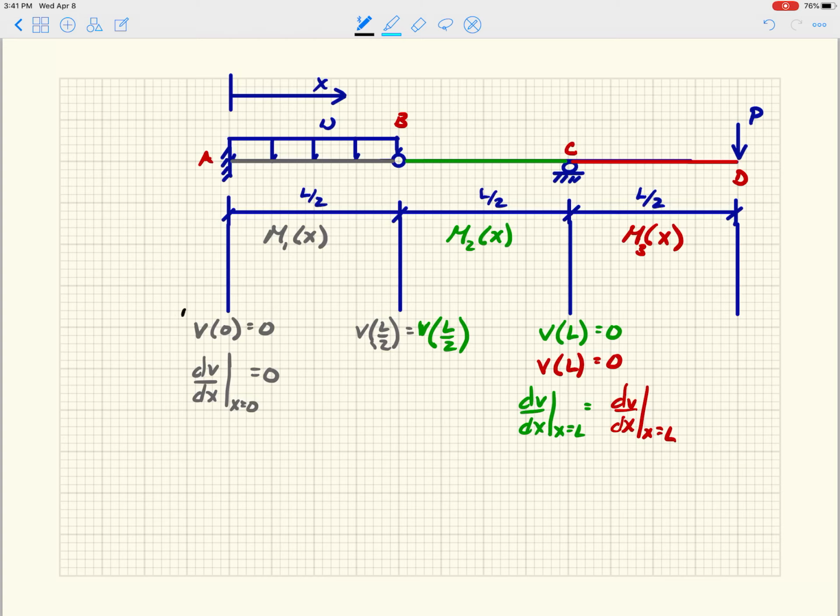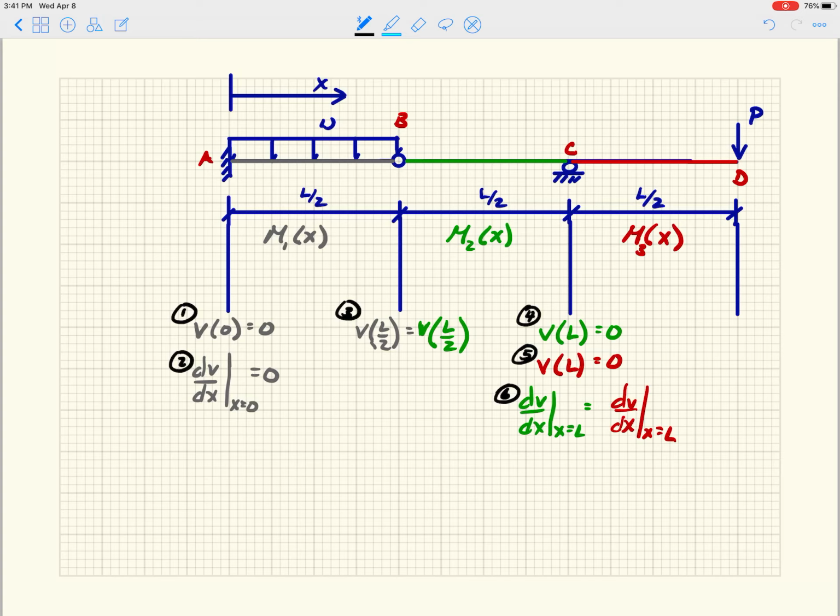And so now if I was going to number these, 1, 2, 3, 4, 5, and 6, right? You always get precisely the number of boundary and continuity conditions that you need. There are no extra ones, right? So it's not like there's 6 others and I'm just choosing these particular 6. These are the only 6 that we have, right?